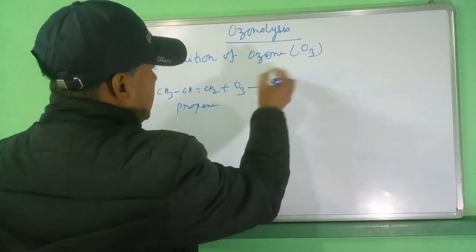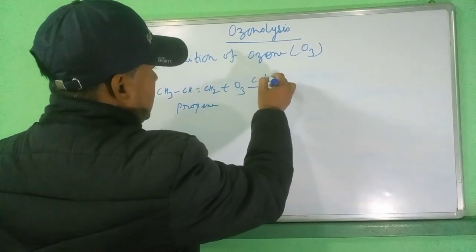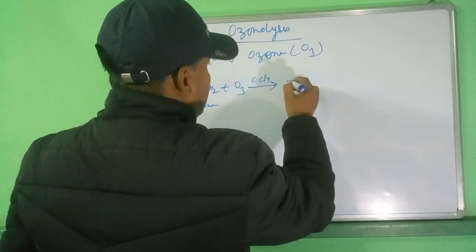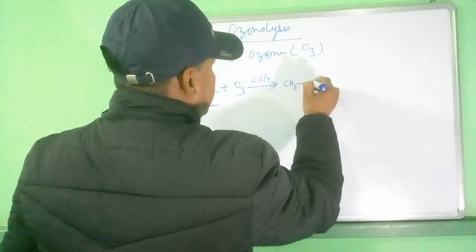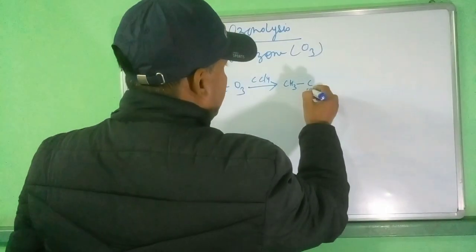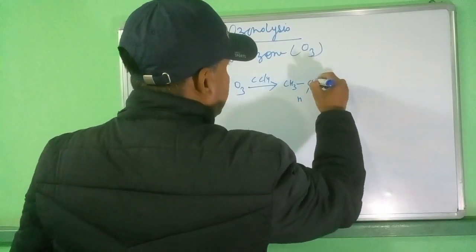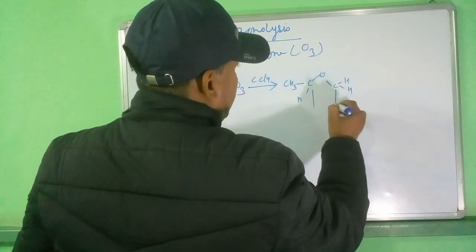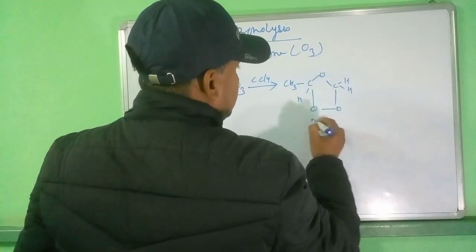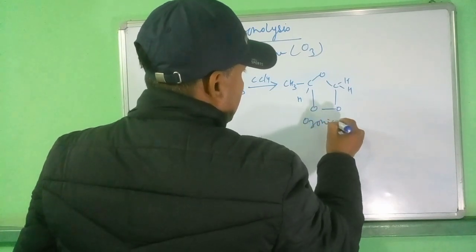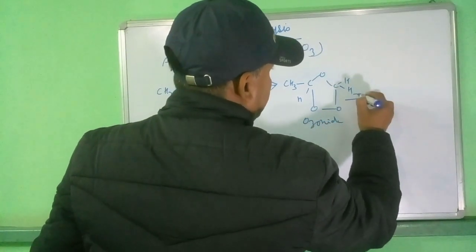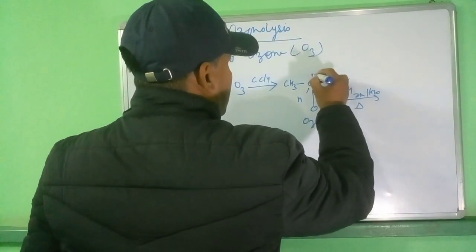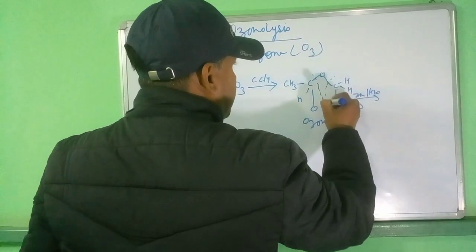If carbon tetrachloride is used, then the ozonide formed is CH3CH, this type of ozonide. Then with zinc metal and water on heating, again Y-shape cleavage takes place.